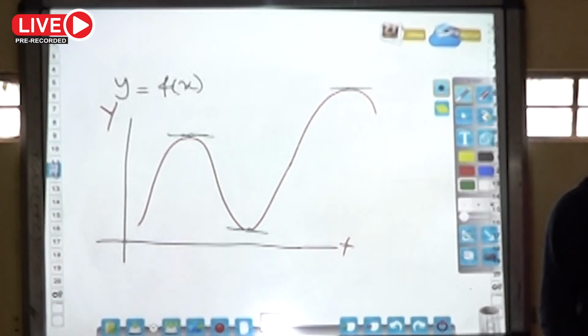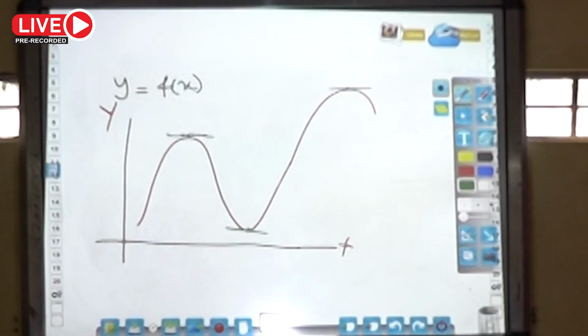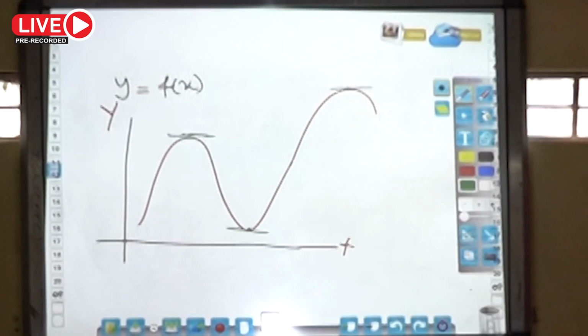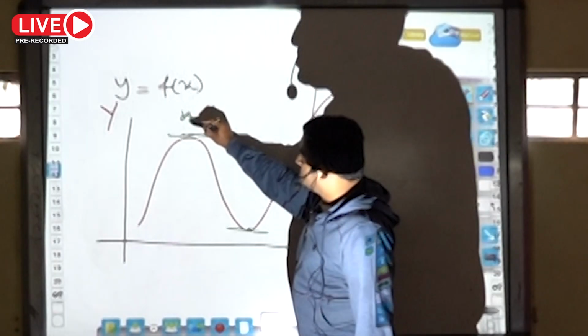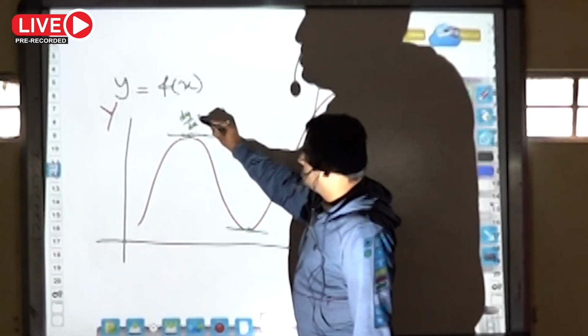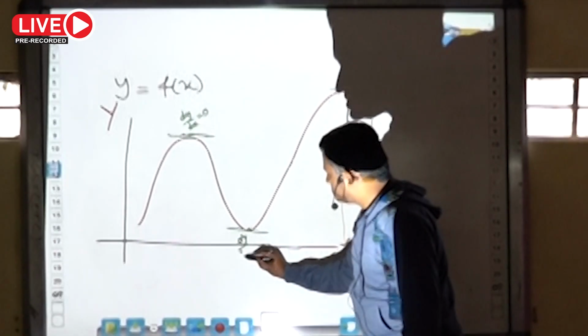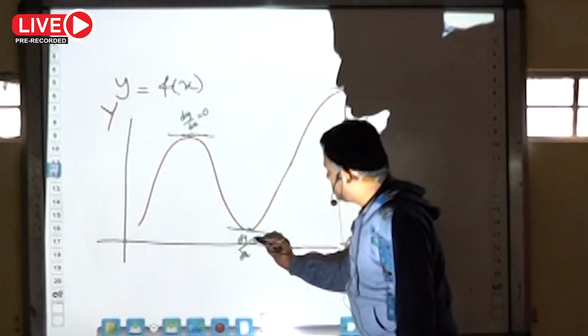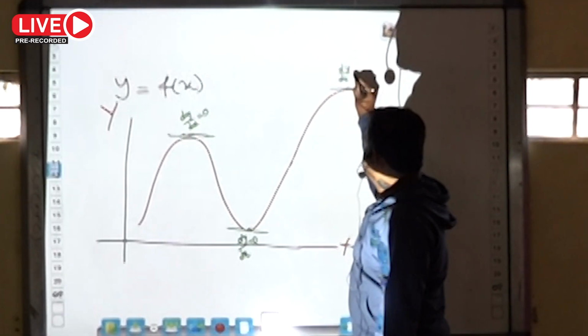So what is the slope of this tangent line? 0. Slope of a tangent line, a straight line, means dy dx. So dy dx 0 means the line is horizontal. So at this point I can consider dy dx equal to 0. At this point also dy dx 0. At this point also dy dx 0.